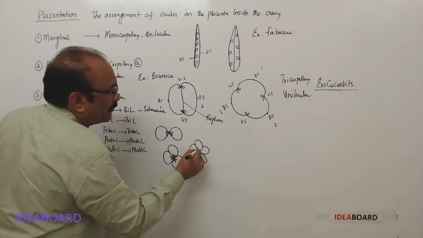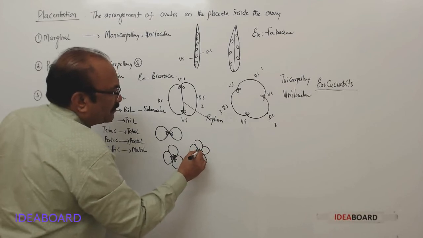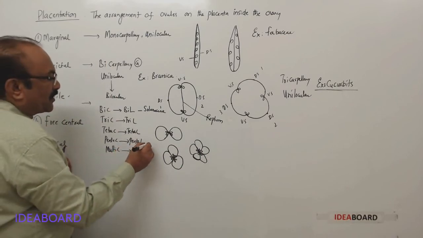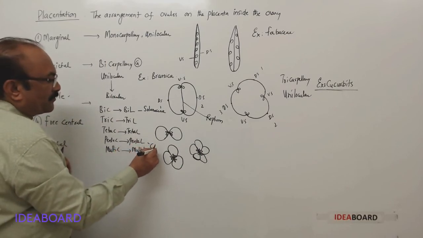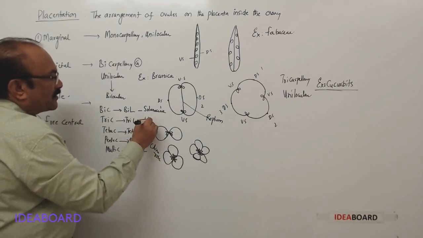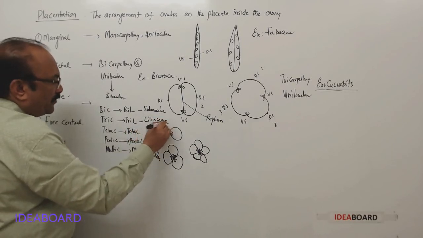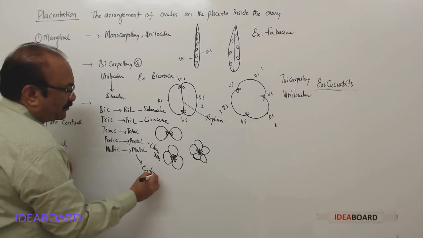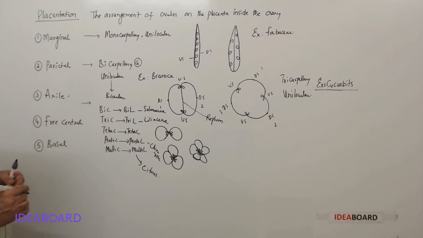Pentacarpellary, pentalocular, and axis is formed, and the ovules will be like this. So the example is China rose, and for tricarpellary, Liliaceae, already I told you, and for multicarpellary the example is citrus. That is axial placentation.